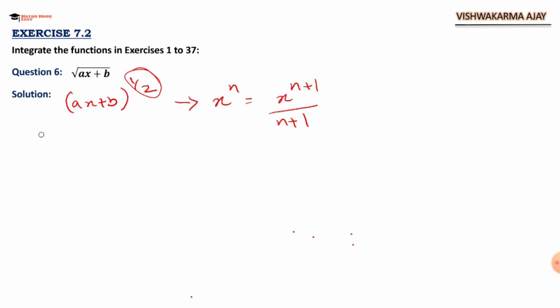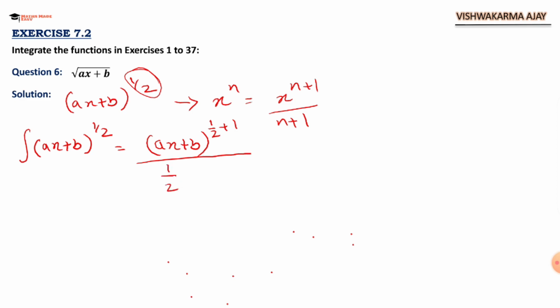So in this case, our answer is integration of ax plus b raised to 1 by 2, which can be written as ax plus b power 1 by 2 plus 1, and then the whole divided by the derivative of ax plus b, plus c. The derivative of ax plus b is going to give me only a.